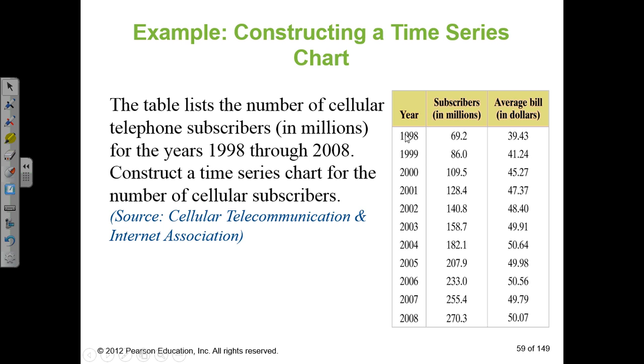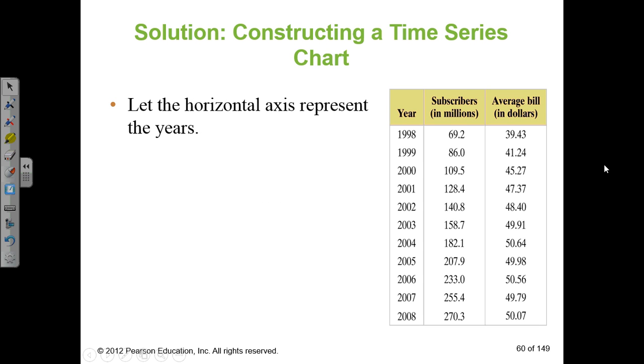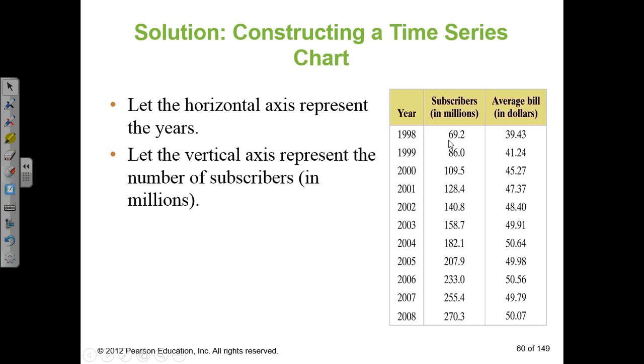So suppose I have by year the number of subscribers for cellular telephone subscriptions. So this would be my X, or my horizontal scale, and this is my Y value, and I'm going to plot the point 1998, 69.2. Let the horizontal axis represent the years, and we're going to let the vertical axis represent the number of subscribers. So this is a point that you're used to seeing, X, Y, X, Y. But notice that we have the years in a time series chart.